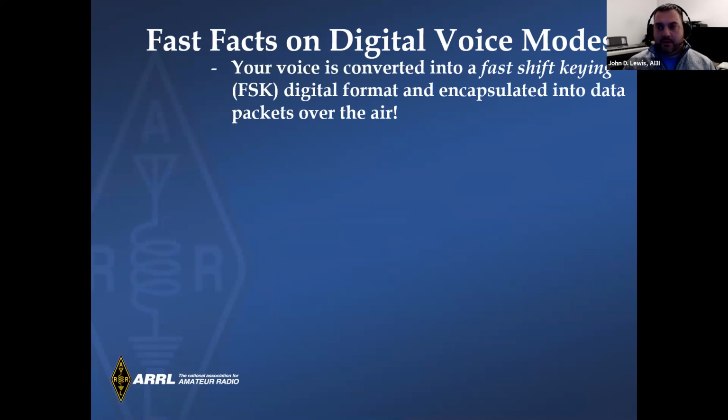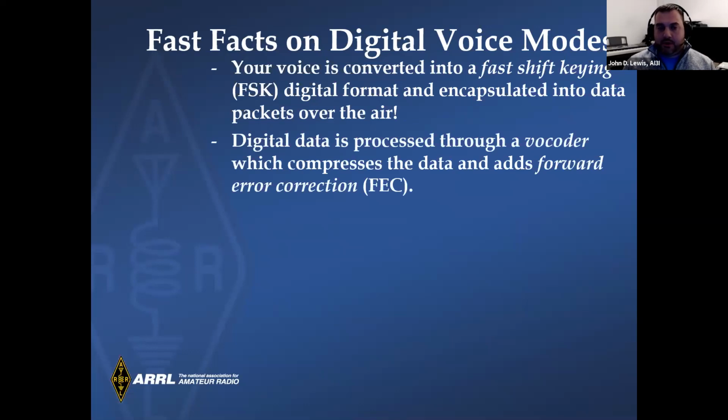If any of you remember packet radio in the olden days, you could think of it that way. Your voice is put into a data payload and sped up, and it's sent with a vocoder. The vocoder is a little chip inside the radio that takes your voice, turns it into a digital format, and sends it on. Most of these essentially have forward error correction.